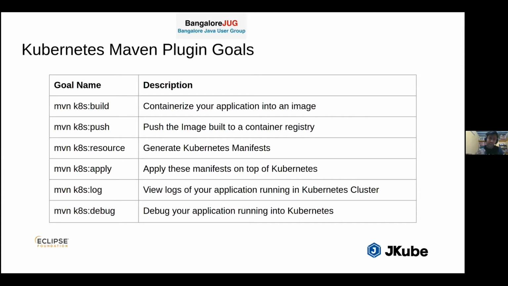We have the resource goal that allows you to generate Kubernetes YAML manifests. We have the apply goal, which applies the manifests on top of a Kubernetes cluster. We have the log goal, which allows you to check logs of your application running inside Kubernetes, and the debug goal that allows you to debug the application running inside Kubernetes.